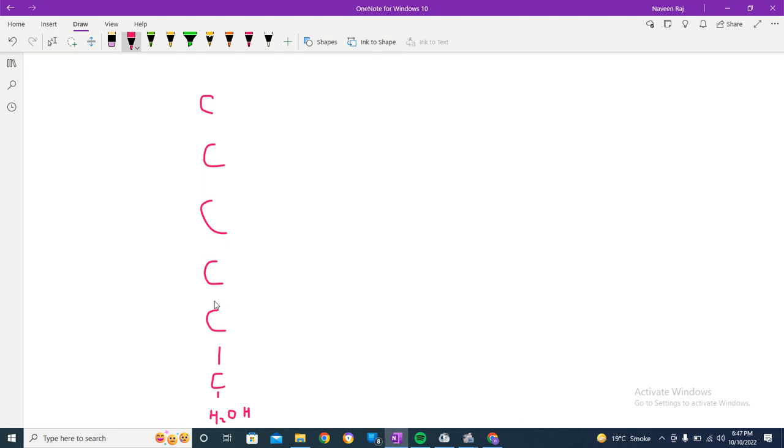You need to stop the video and make this D-glucose structure by yourself, because we have learned it, right? This is an aldose, so this part is constant in aldose sugar. If you're not understanding what I'm saying, do check my previous videos, because those are very important to understand the structures. We're having bonds on these sides.